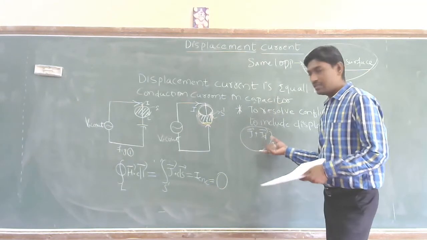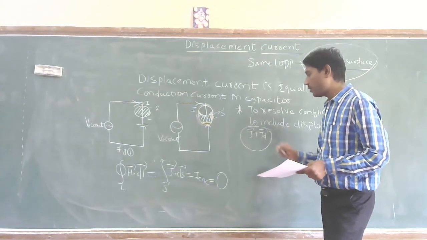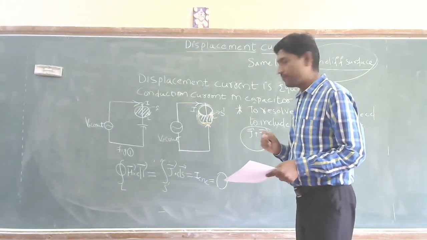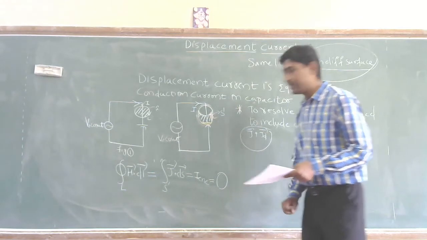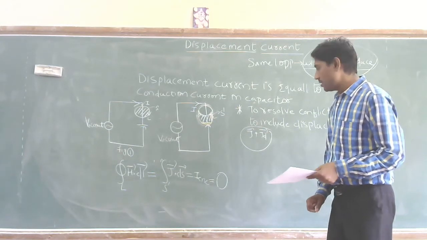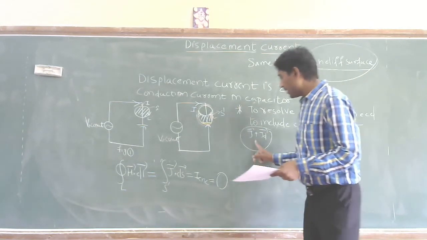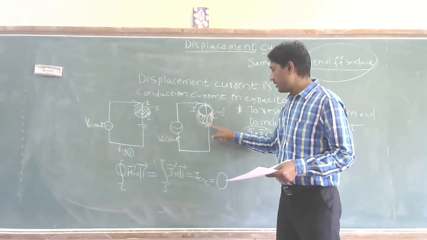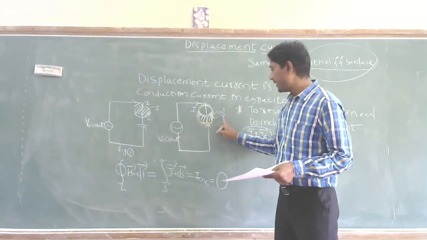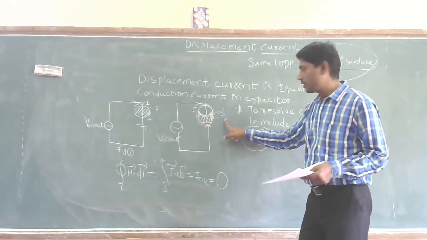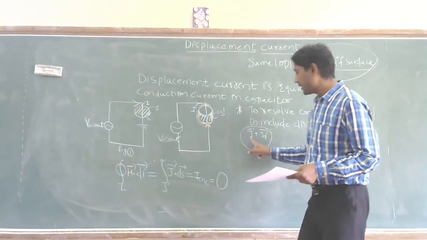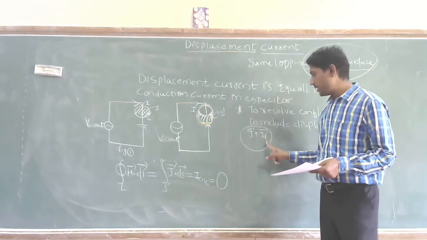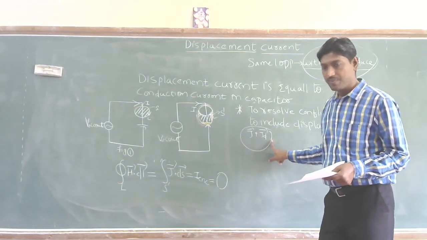If we take the modified Ampere circuit law as J plus J_D, this can be resolved. Now in this particular case, with the surface as S prime, no doubt the conduction current J is zero, but you have J_D existing.